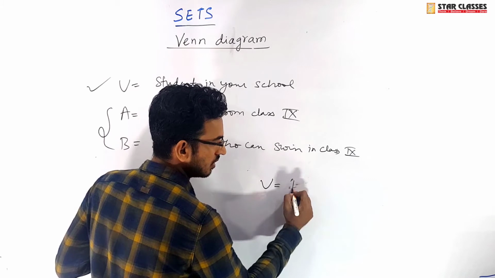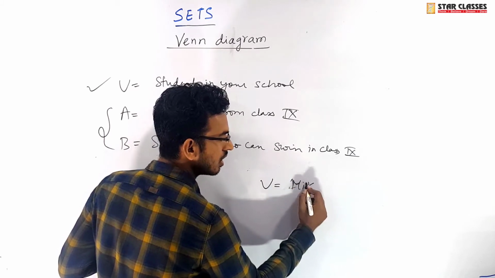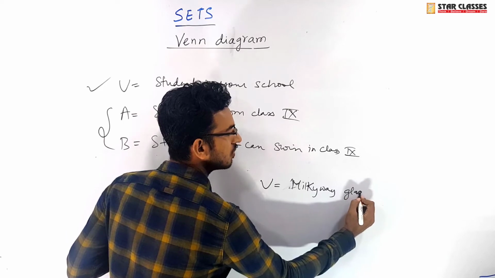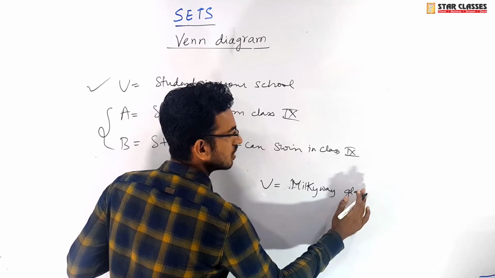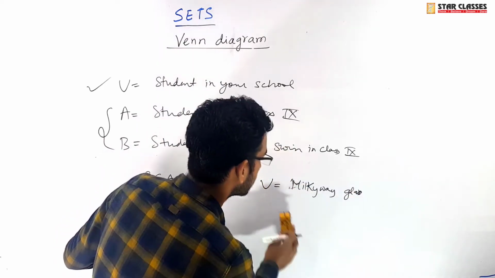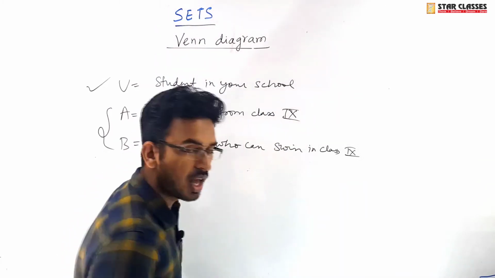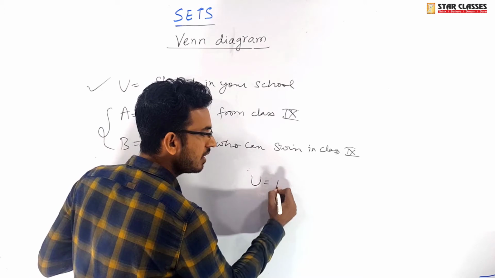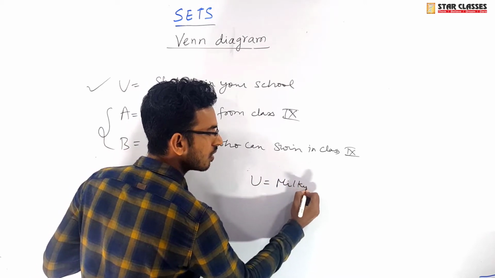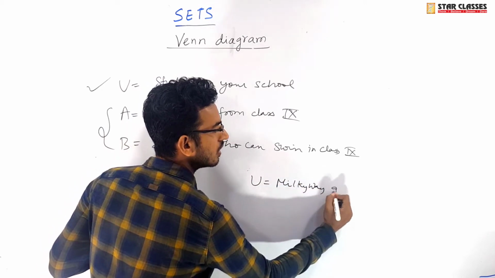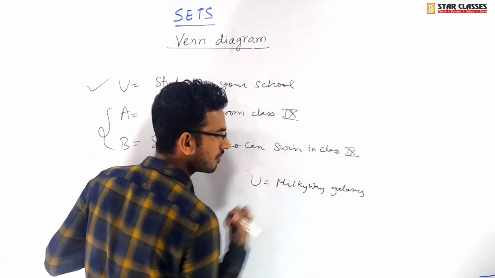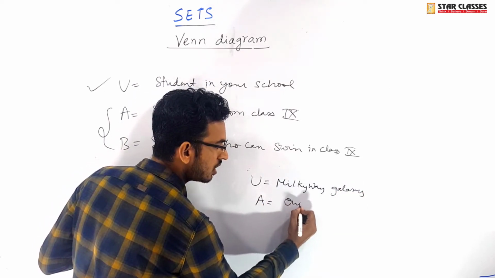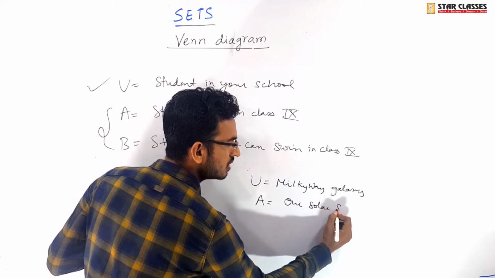Okay, another example of a universal set would be the Milky Way galaxy. Okay, I can say set A is our solar system.